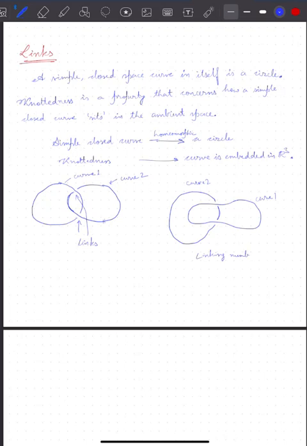This is just by visual inspection. We see that the linking number is 0. And let us have an orientation of the curve like this. So this is the orientation. There are certain standard notations for links.